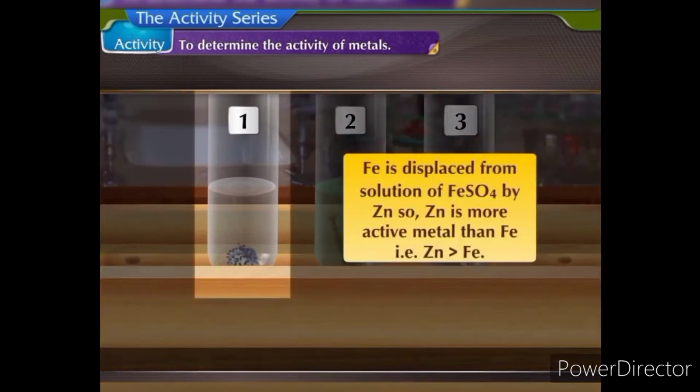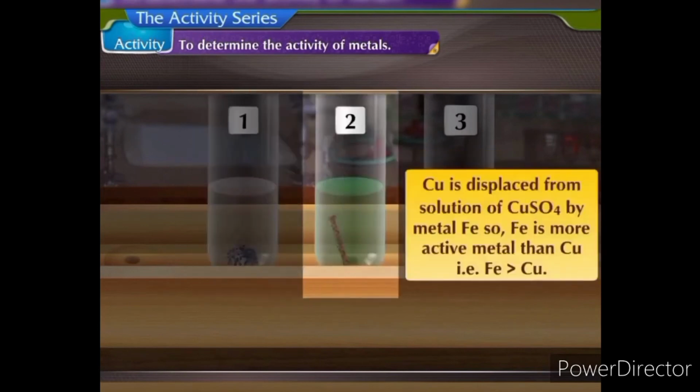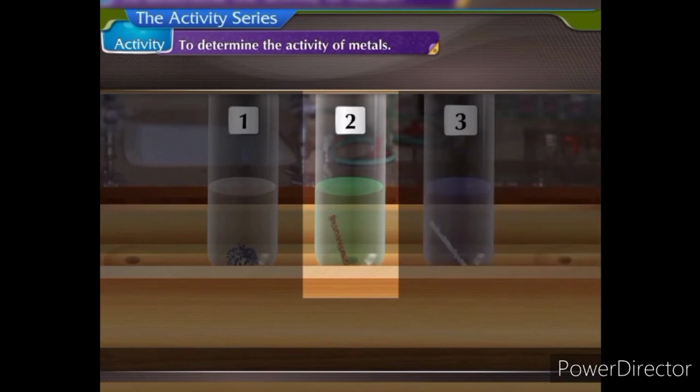We see that Fe is displaced from the solution of FeSO4 by Zn, so Zn is a more active metal than Fe. Similarly, Cu is displaced from the solution of CuSO4 by the metal Fe, so Fe is a more active metal than Cu.